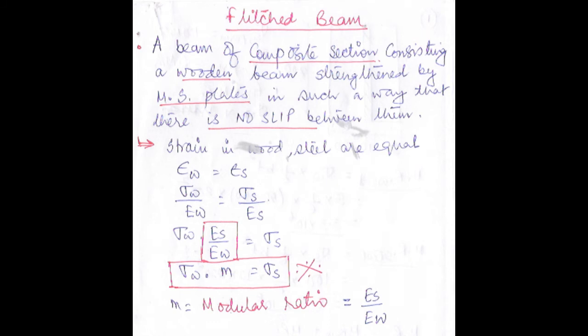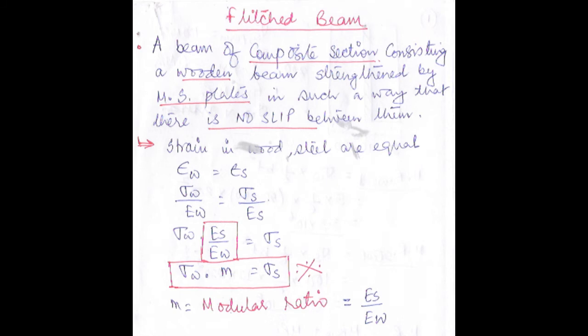Now what is strain? From Hooke's law we know strain is equal to stress by modulus of elasticity. So I have written epsilon W is equal to sigma W by EW and epsilon S equal to sigma S by ES. If we simplify, in the next step we do the crisscross and find the value of sigma S, the stress in steel.